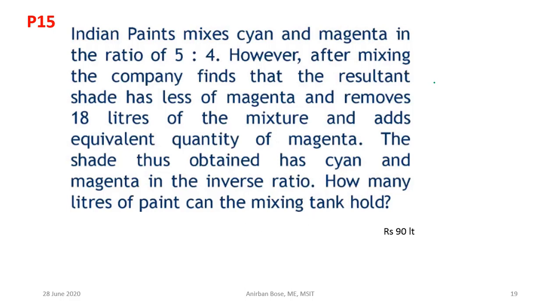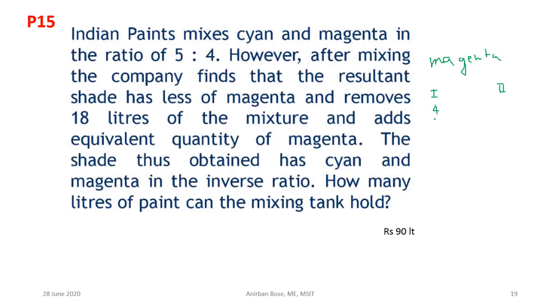Okay, so again here there are two kinds, and let us try to solve with magenta. So the first kind is the mixture and the second kind is the pure magenta, right? So how much magenta was there in the first kind?